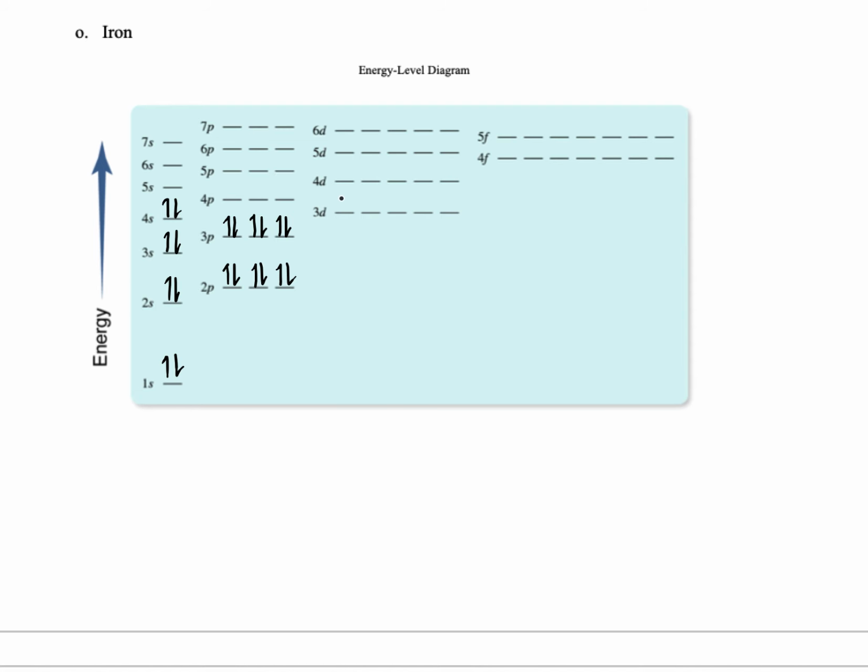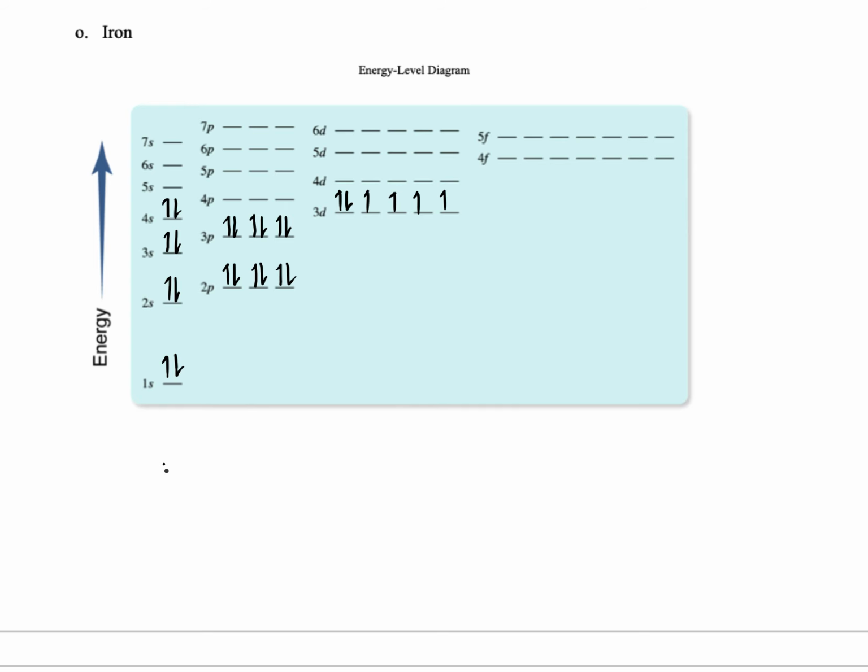Since iron is the 6th element in the 3d section, and there are 5 different orbitals in the 3d, what we'll do is we'll put an electron in each of those 5 different orbitals. But iron actually has 6 electrons in the 3d. So what we'll do is create a pair in one of the orbitals, and the others can have their own electron.